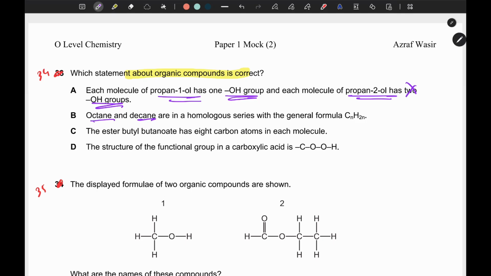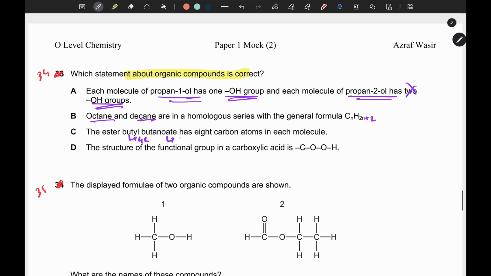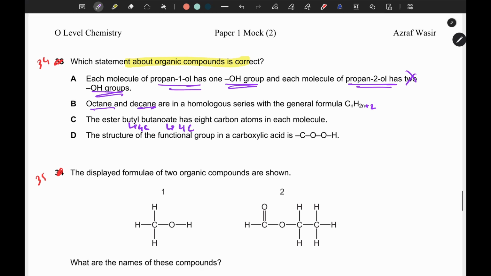So octane and decane are alkanes and the general formula for alkanes is CnH2n+2. The ester butyl butanoate has 8 carbons in each molecule. So the butyl part would be from butanol, so that has 4 carbons, and the butanoate part would be from butanoic acid, that has also 4 carbons. So 4 plus 4 will give us 8 carbons. So C is the answer.